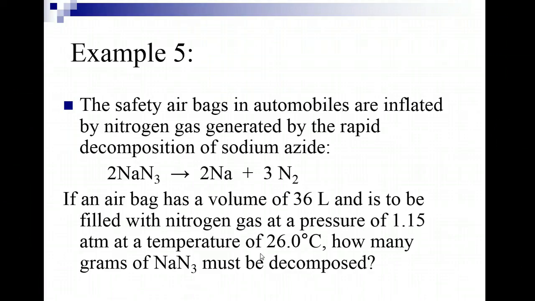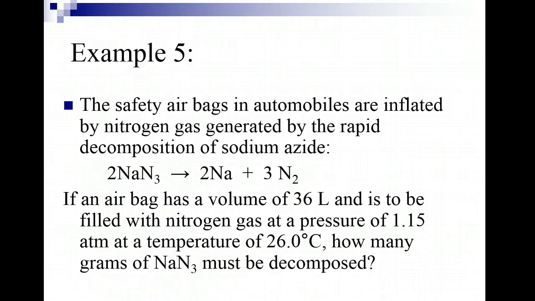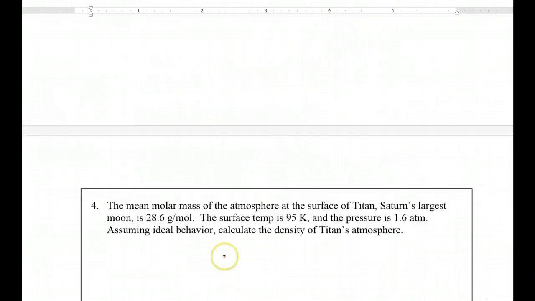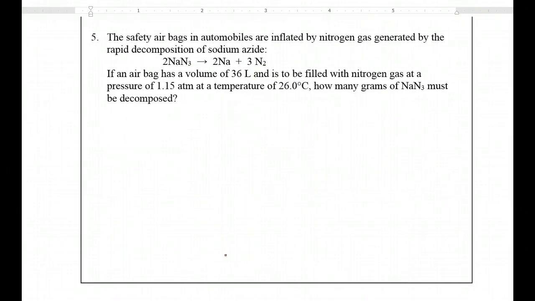If an airbag has a volume of 36 liters and is to be filled with nitrogen gas at a pressure of 1.15 atmospheres at a temperature of 26 Celsius, how many grams of NaN3 must be decomposed? So what we want to be careful of on this one is we want to use PV = nRT, but we also are going to need to use stoichiometry.